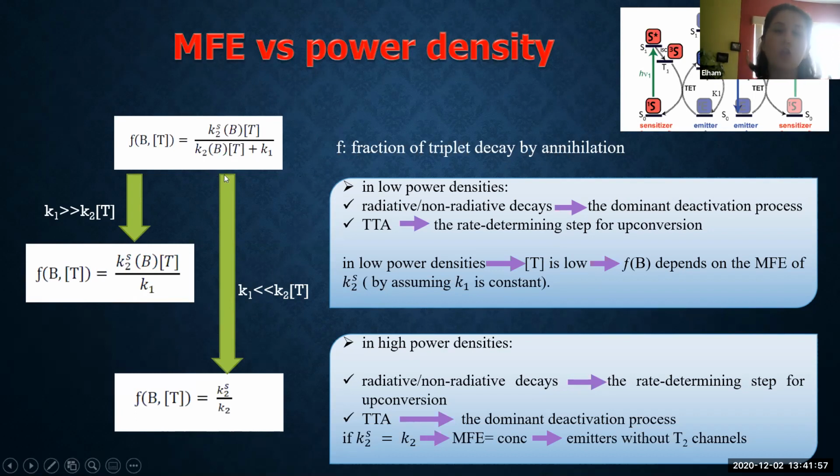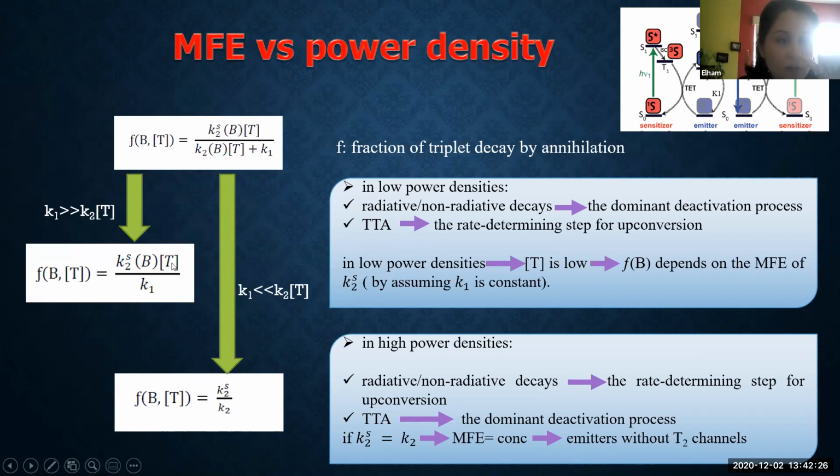So in low field, the concentration of T would be low, because in this case the dominant processes are the radiative and non-radiative decays, and the rate determining step would be the TTA. So the triplet concentration would be low. So we can simplify our equation to the thing that you can see in here.